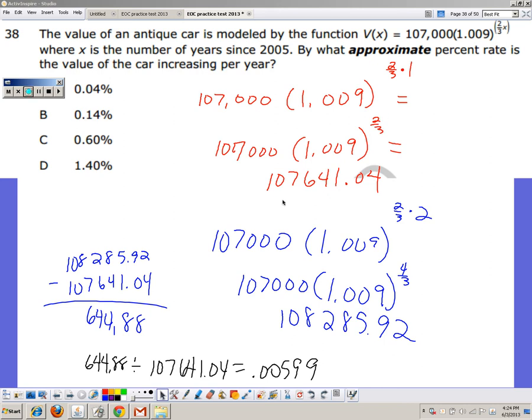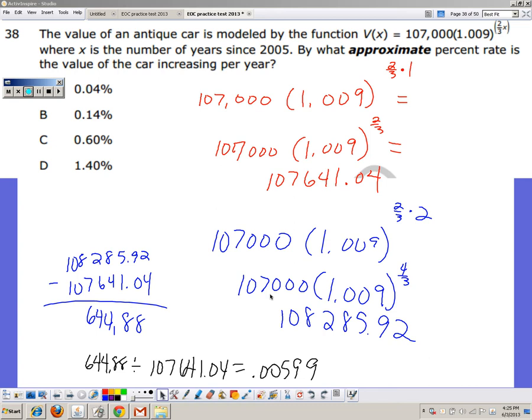When you plug into your calculator, you will get $107,641.04, your car's worth. Year 2, again, you're going to replace x with 2, so 2/3 times 2. 2/3 times 2 is 4/3.